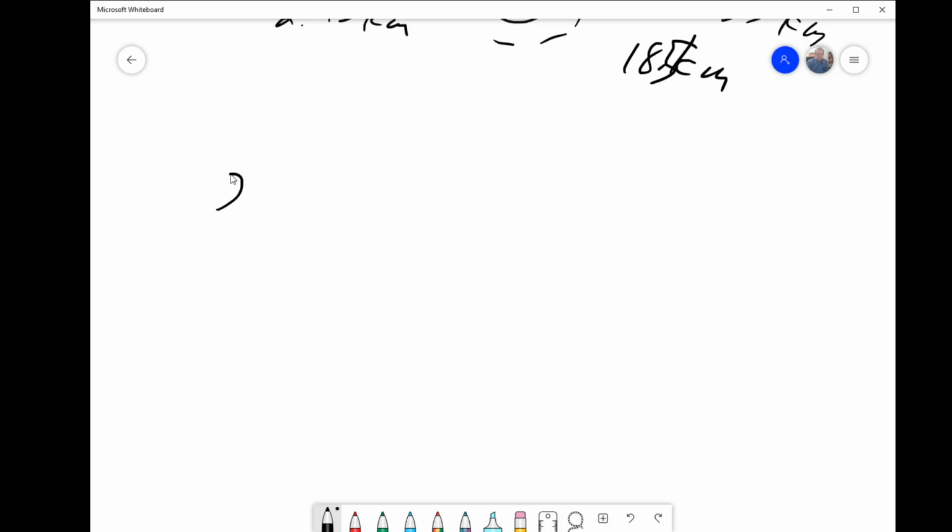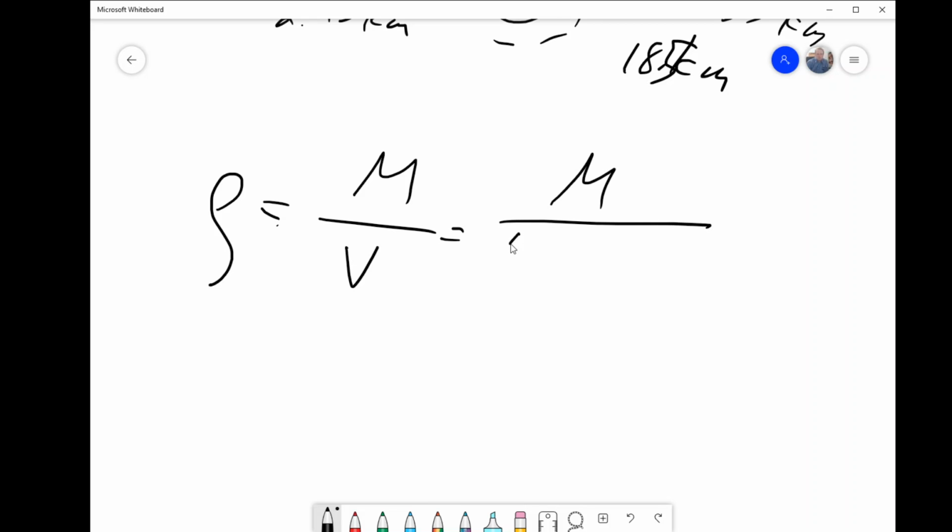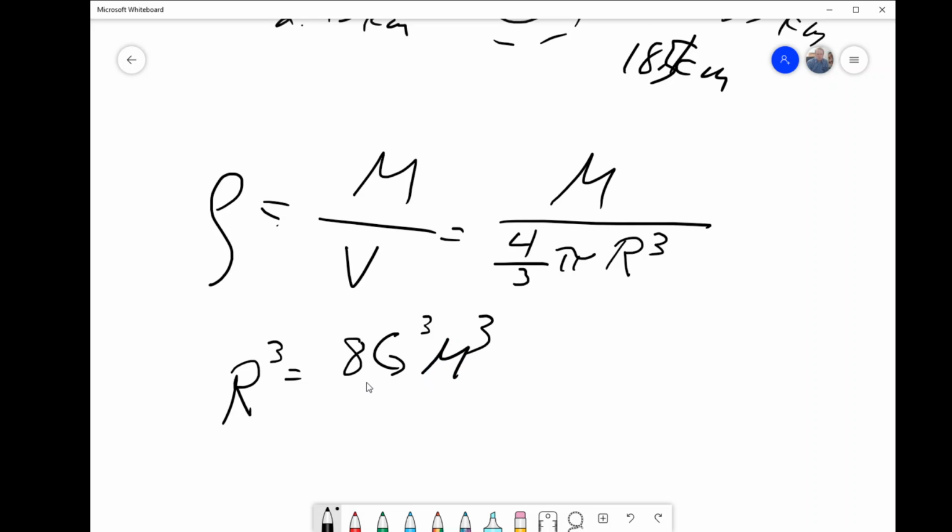If you look at the density of an object, let's say our black hole is a sphere. Well, the density is mass over volume. So that's mass over 4/3 pi r cubed, where r cubed is 8, that's our 2 cubed, G cubed, M cubed over c to the 6th.